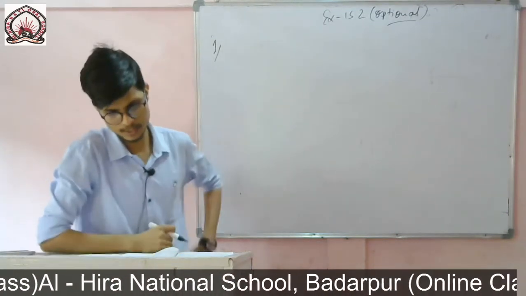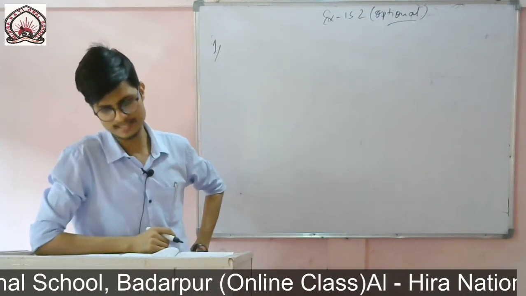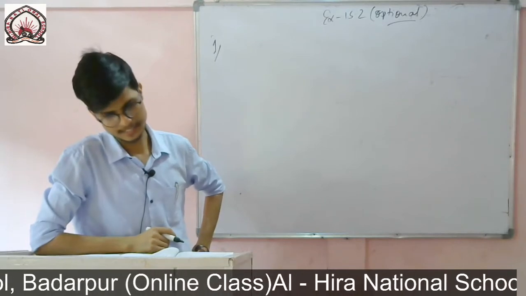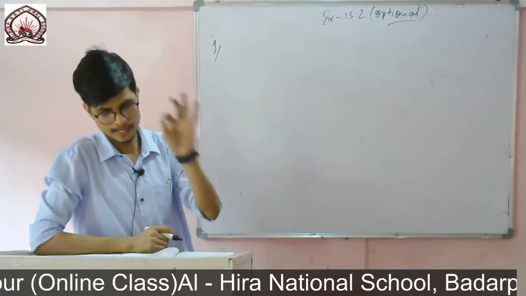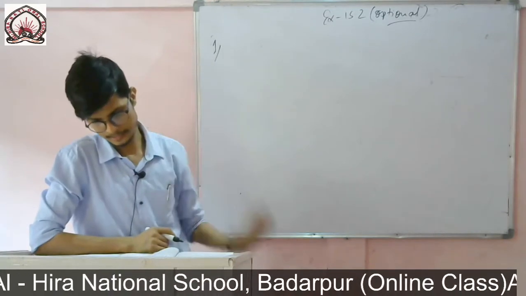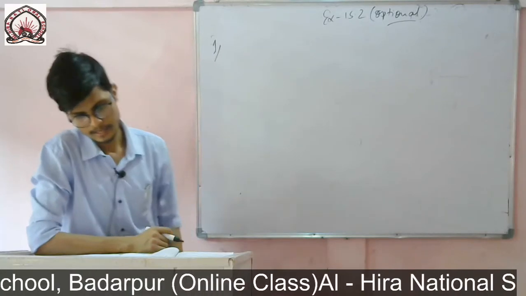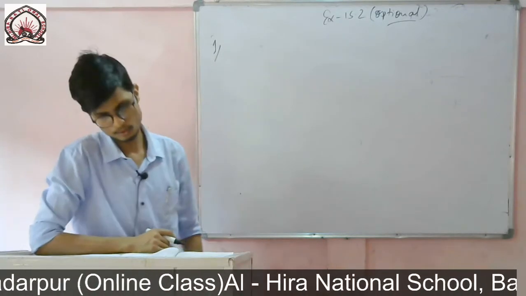So the first one, you see, two customers, Shyam and Ekta, are visiting a particular shop in the same week, from Tuesday to Saturday, not Monday, not Sunday. Each is equally likely to visit the shop on any day as on another day.